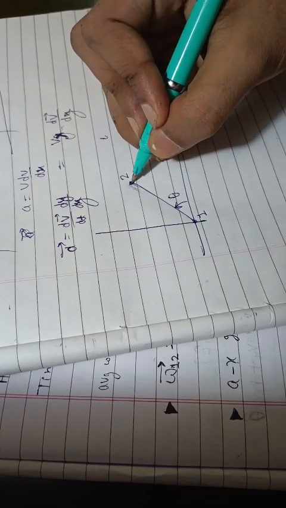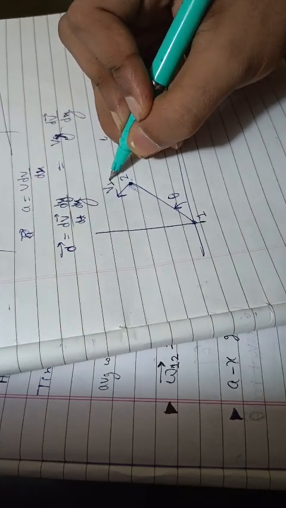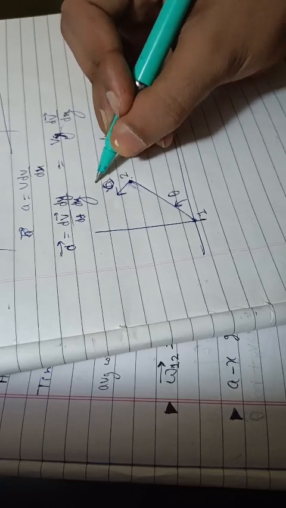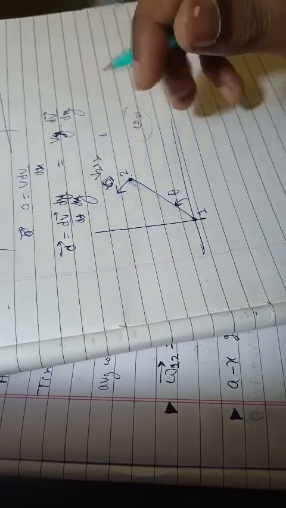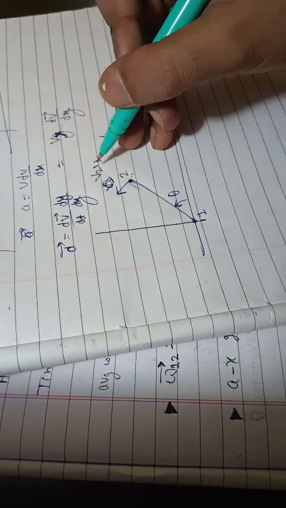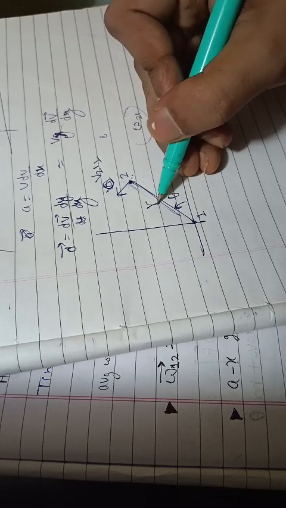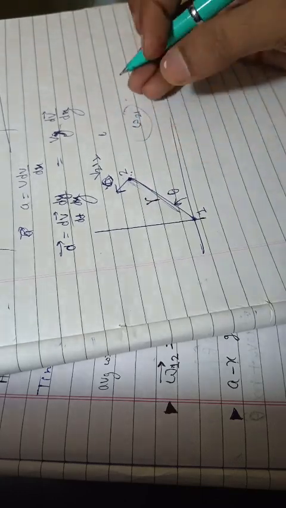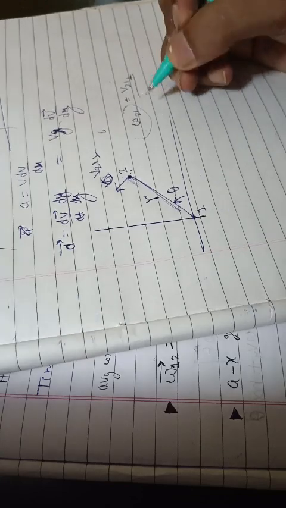This omega is given by the velocity perpendicular to it, so it can be written as v 2 1 perpendicular. The velocity of 2 relative to 1, take its perpendicular component with this radius vector, and then divide by the radius.